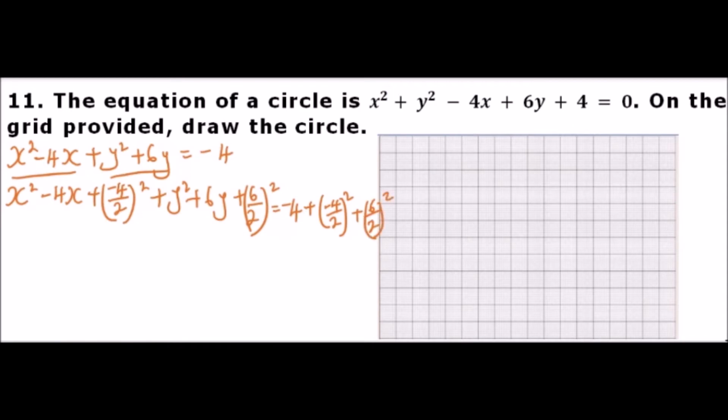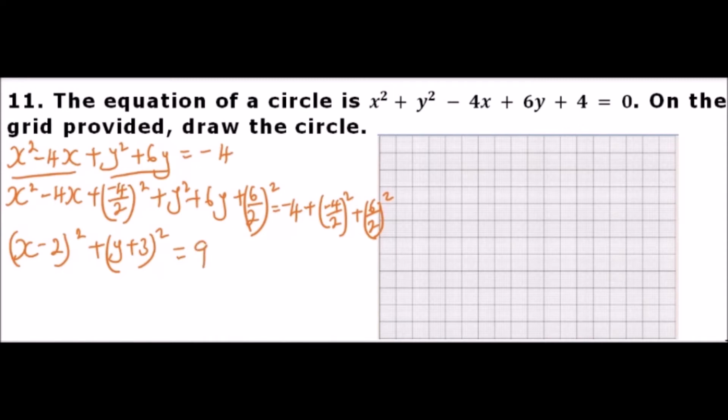So this will give you x minus 2 in brackets squared, and we have plus y plus 3 in brackets squared, that is a perfect square, is equal to minus 4 over 2 squared, which is 4, and minus 4 plus 4 is 0. This will be 6 over 2 is 3, squared is equal to 9.